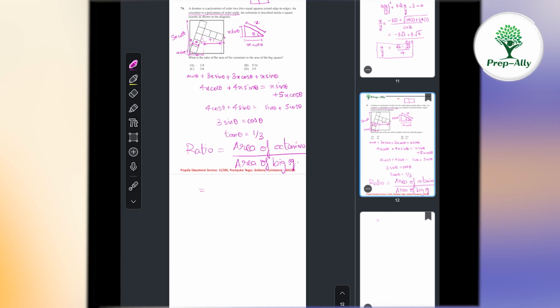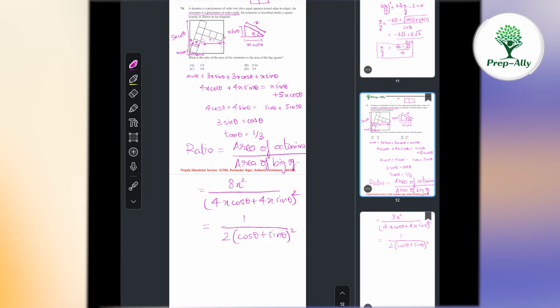Which equals 8x square, because there's 8 small squares, divided by 4x cos theta plus 4x sin theta the whole square. So this equals 1 by 2 times cos theta plus sin theta the whole square, right?